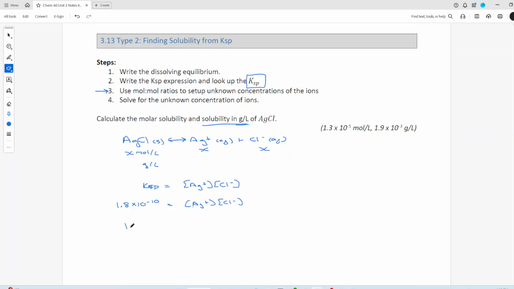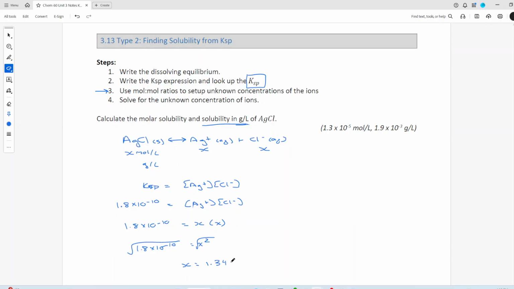Then I'm going to say 1.8 times 10 to the negative 10 is equal to X times X, or just X squared. If I wanted to solve for X, I could just take the square root of both sides. So X is going to equal the square root of 1.8 times 10 to the negative 10. To 2 sig figs that would be my answer, but I'm going to keep this in my calculator.